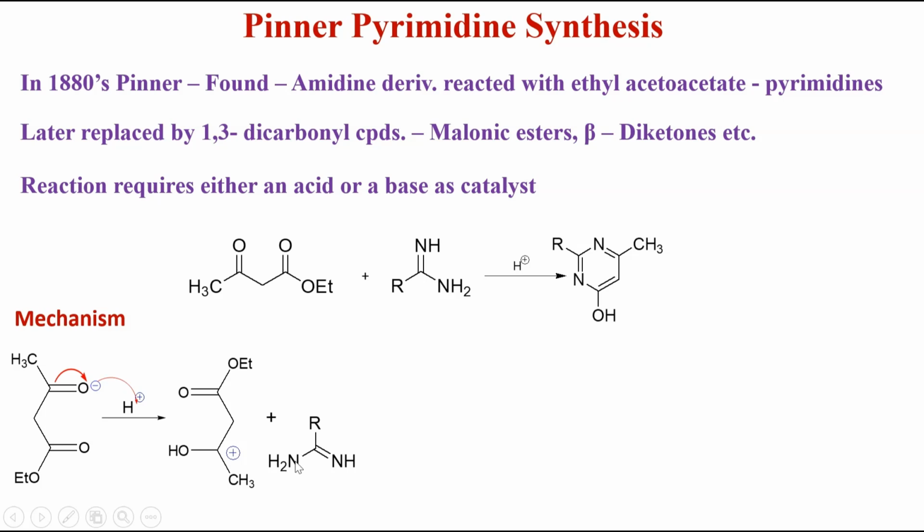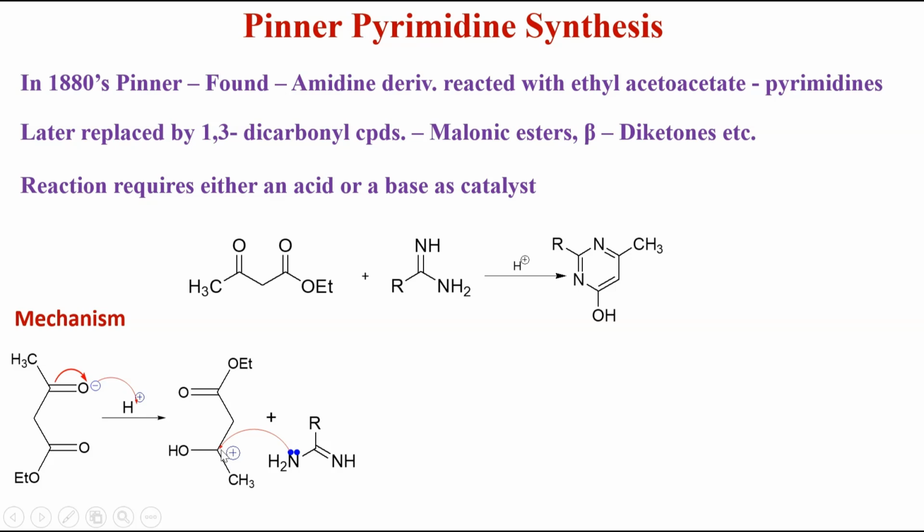The amino group, as it is the nitrogen in sp3 hybridized form, has a lone pair of electrons. This is electron rich and this is electron deficient. As we know, unlike poles attract each other, so the reaction occurs. The electrons are donated to this carbon and a bond is formed between carbon and nitrogen.